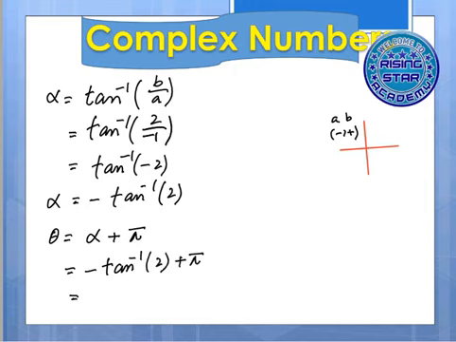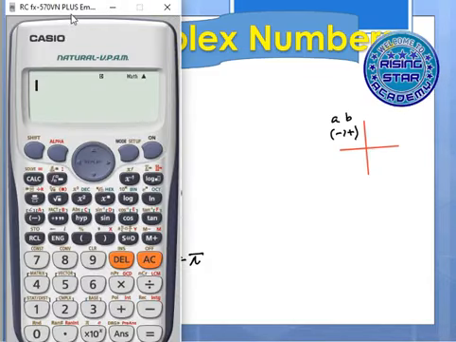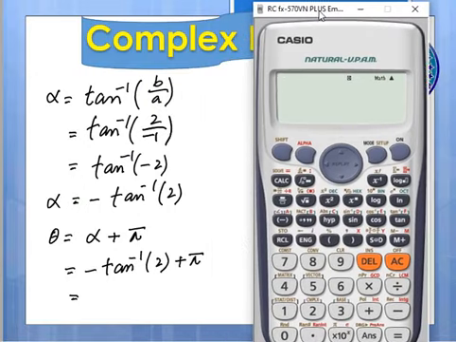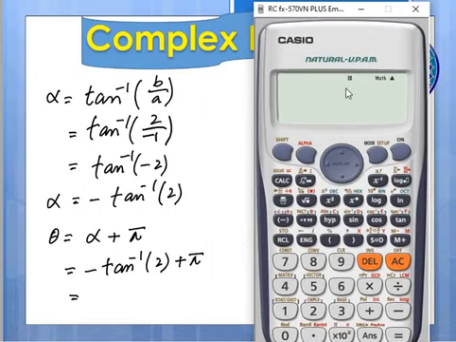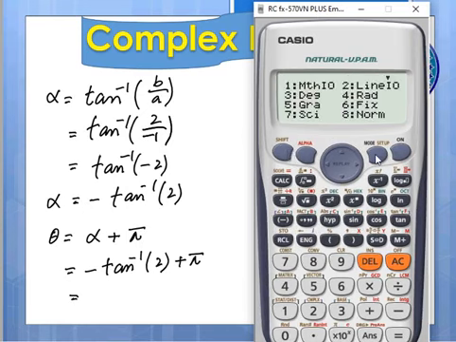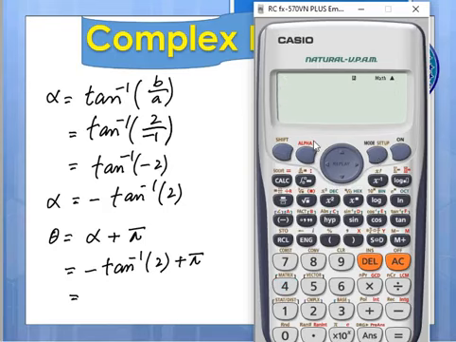We can write the value in radian form. So you will use the calculator. Here we need to convert our calculator into radian mode. So shift with mode, option number 4, that is radian mode. So we will write negative shift tan inverse of 2.